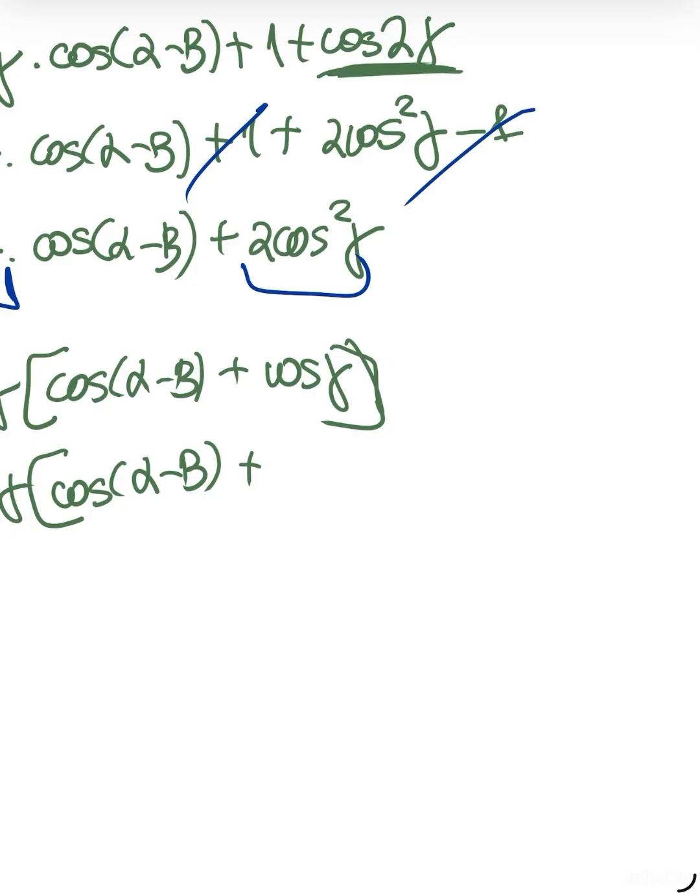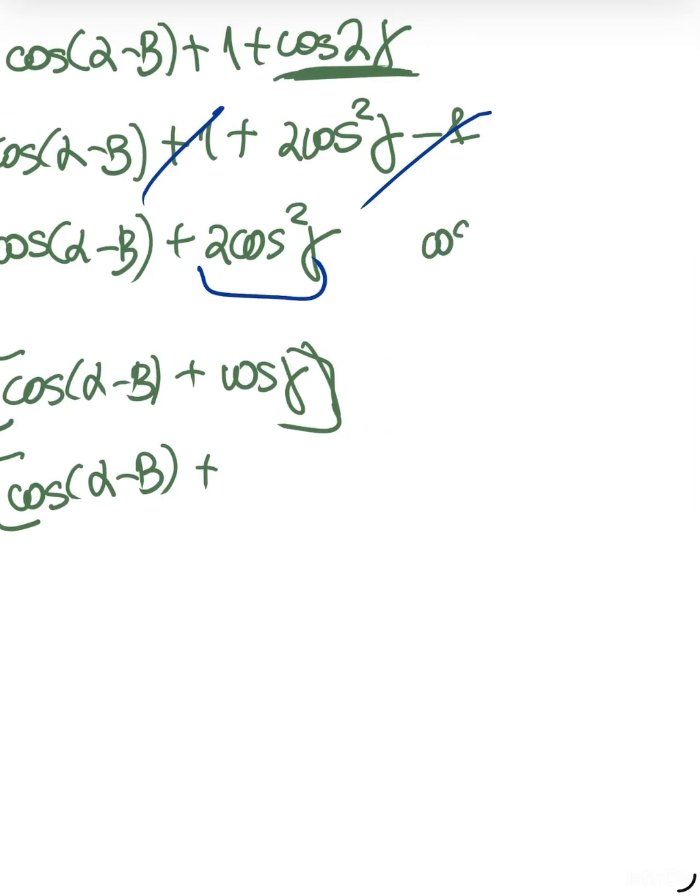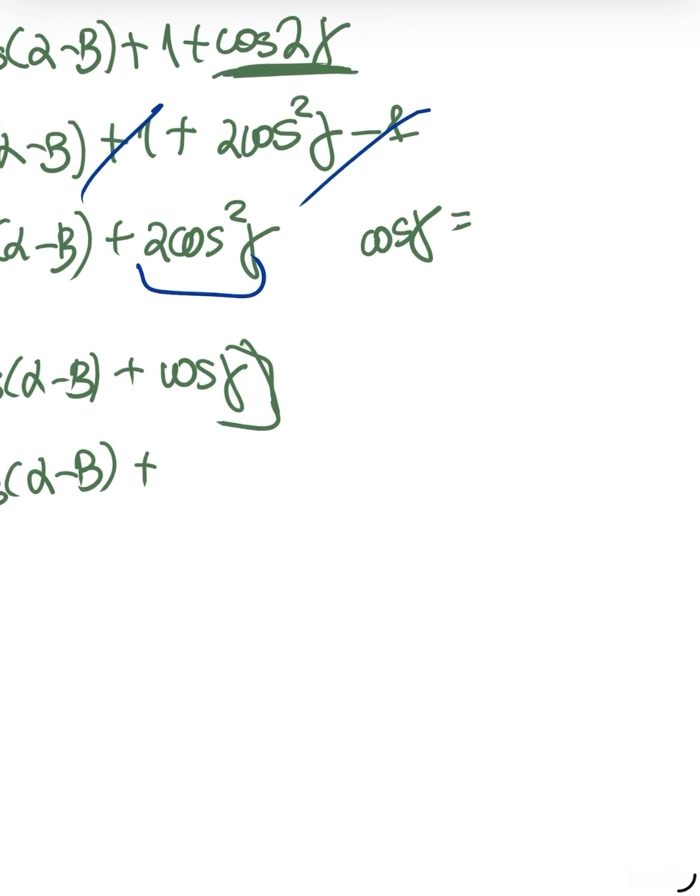The other way to present it is that alpha plus gamma is equal to 180 degrees minus beta. We have this.